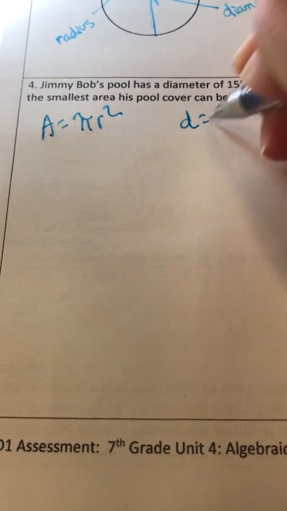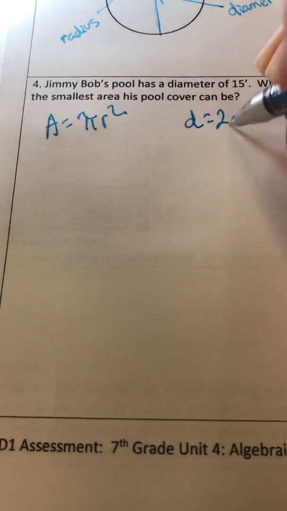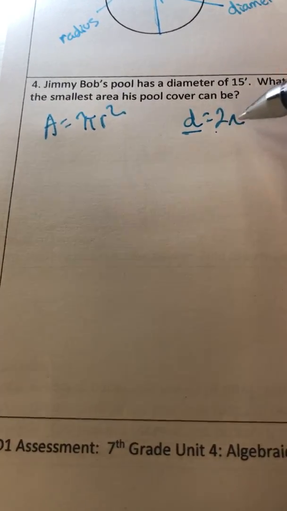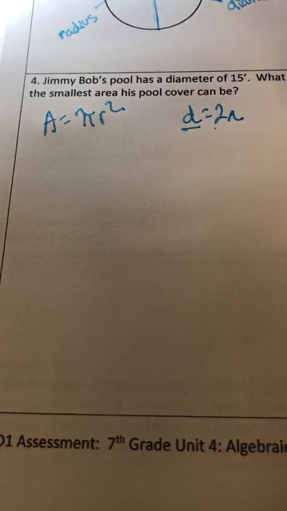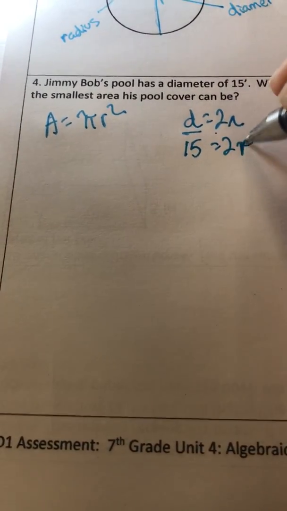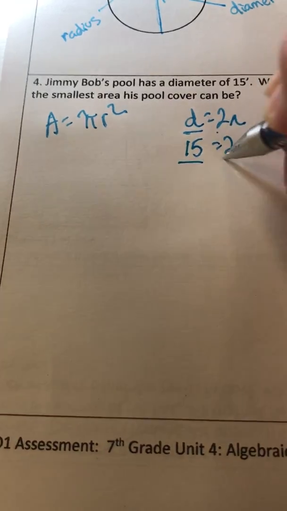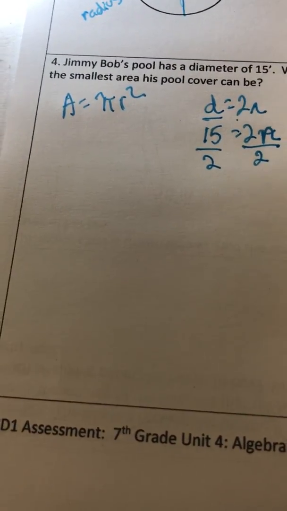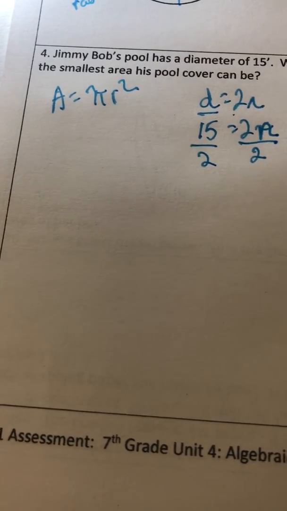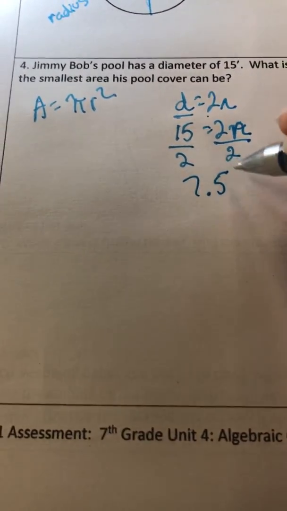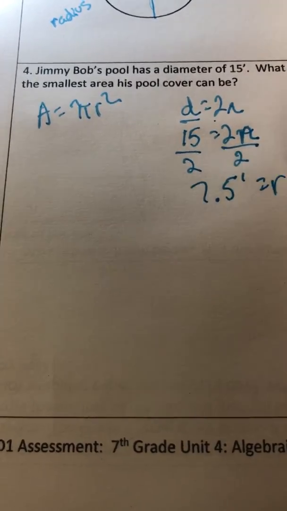We know that the diameter is equal to 2 times our radius. I'm going to need to divide both sides by 2 to find the radius. 15 equals 2r. Divide both sides by 2. 15 divided by 2 is 7.5. 7.5 feet equals my radius.